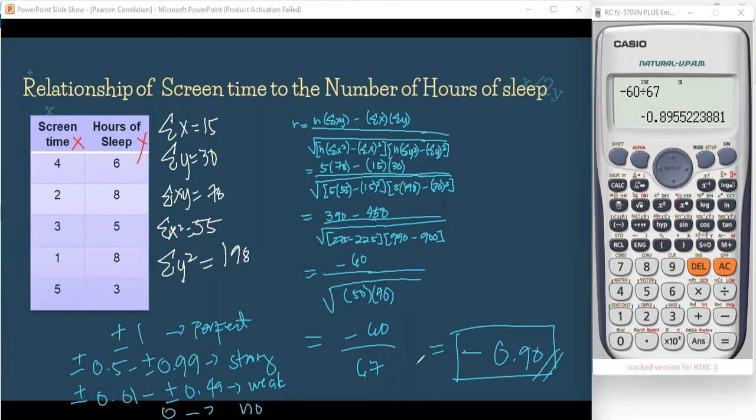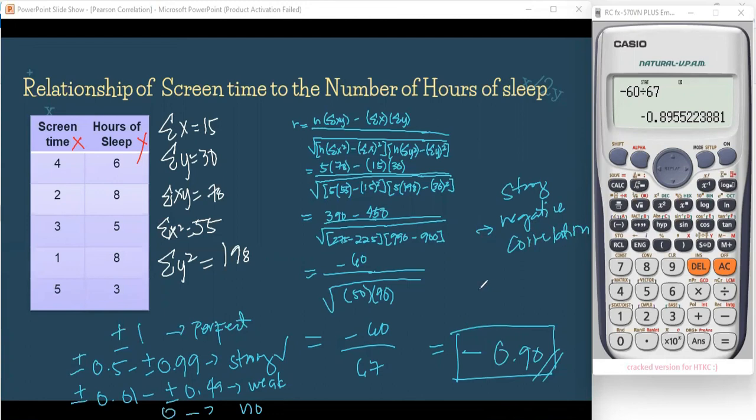So, ibig sabihin dito po siya makikita sa strong. However, it is negative. So, ano po ang interpretation natin yan? This is a strong negative correlation.